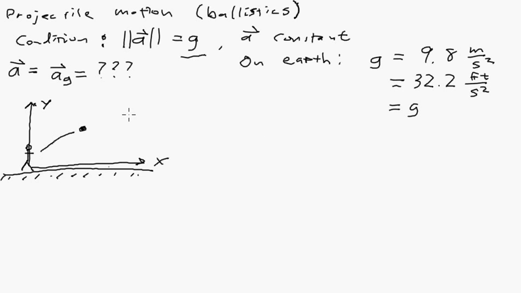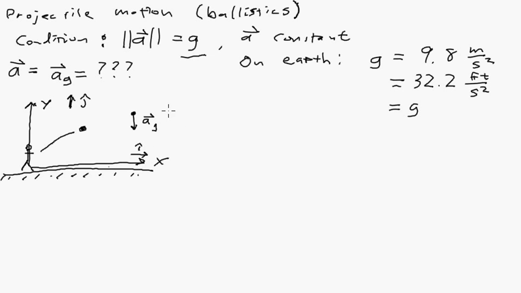What is our acceleration due to gravity here? Well, it just points straight down. And if we try to express this in our coordinate frame, the easiest way to do it is to use i and j components. So you'll recall y is positive, and that means that j hat is a unit vector going in the positive y direction, and i hat is a unit vector going in the positive x direction.